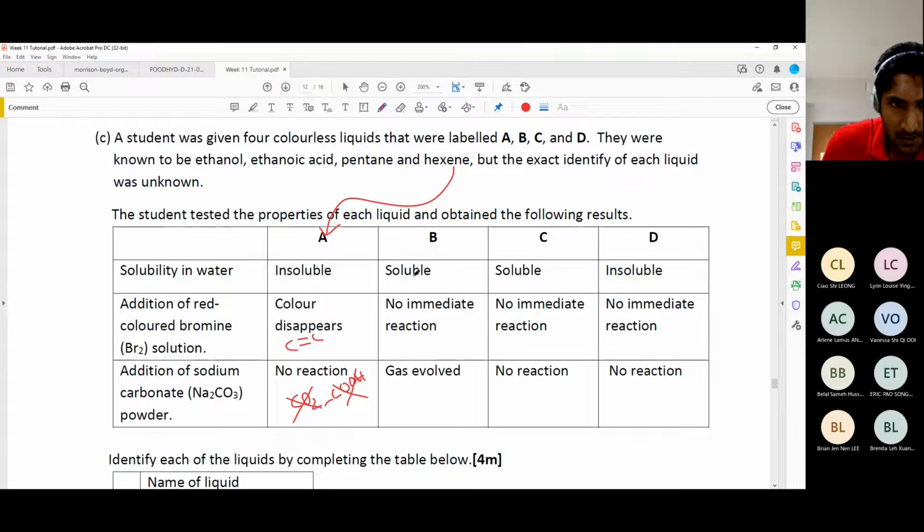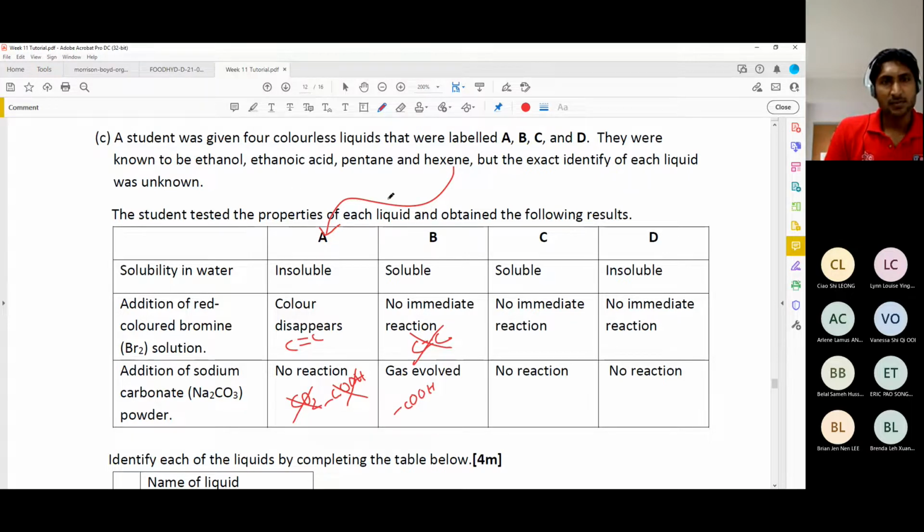B is soluble in water. That means it is a polar compound, that's why it gets dissolved in water. And with bromine, no immediate reaction. It doesn't show any direct reaction, so it does not have a double bond here. And then gas evolved, so it should have a carboxylic group in it.